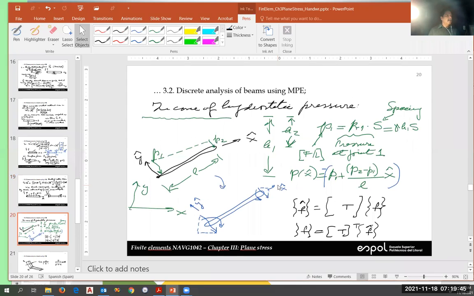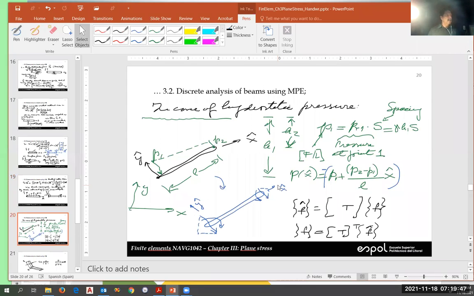Okay, and then we said a little bit about what happens when we have a hydrostatic pressure. In this case, we have a variation of the force, so this is not constant. So we have to calculate the pressure here, the pressure there.